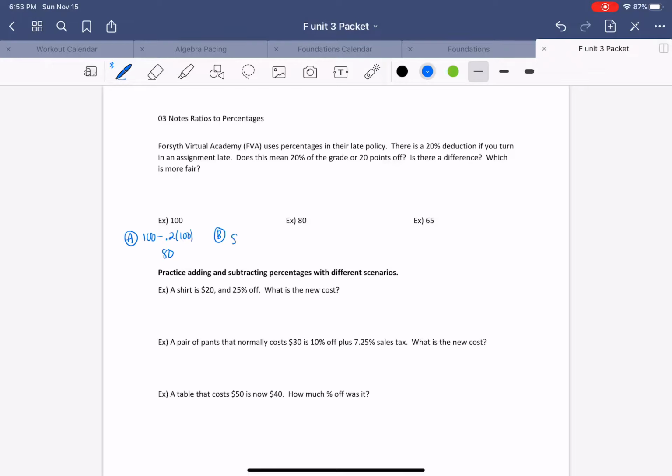If they took 20 points off, it would still be an 80. Okay? For an 80, that'd be 80 minus 0.2 times an 80. And that would be a 64, but if I just subtracted 20 points, that would be a 60.